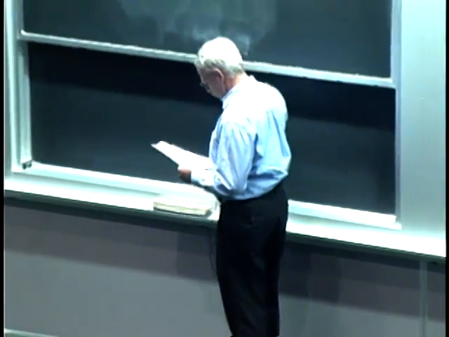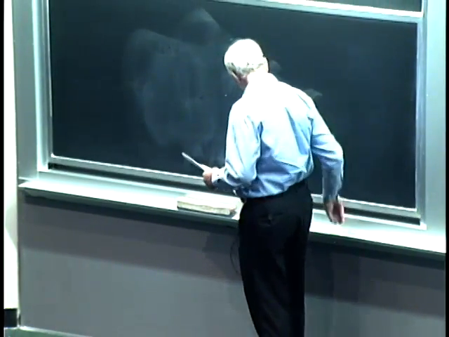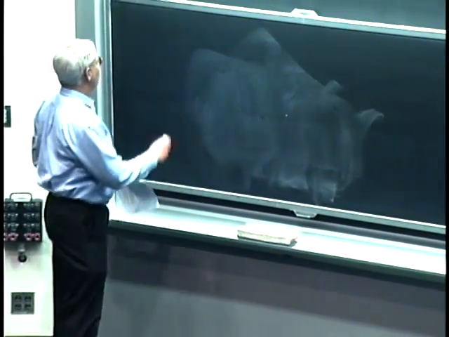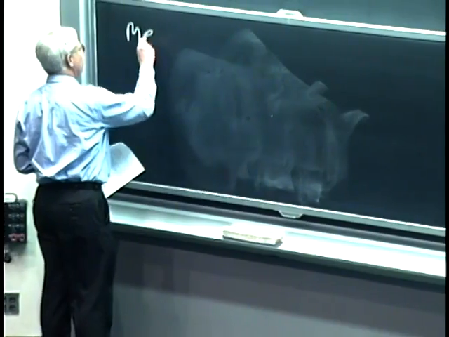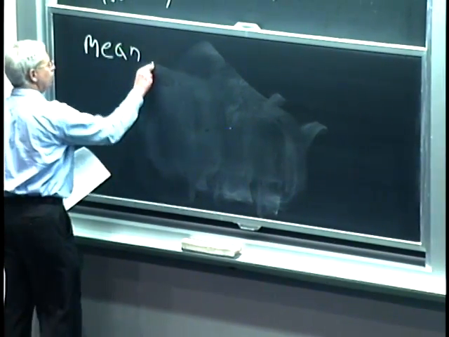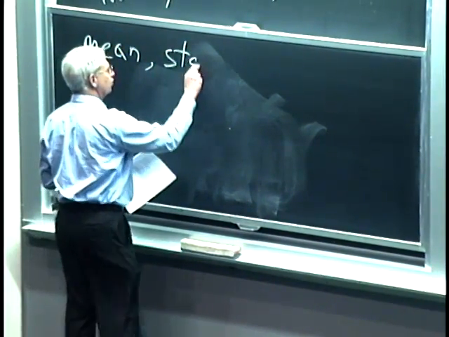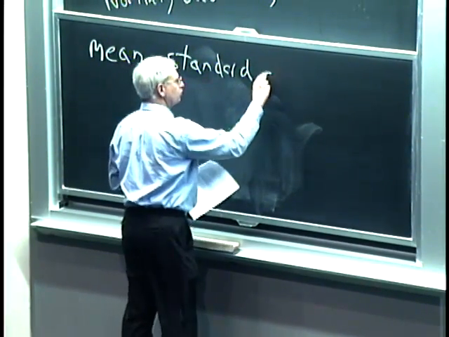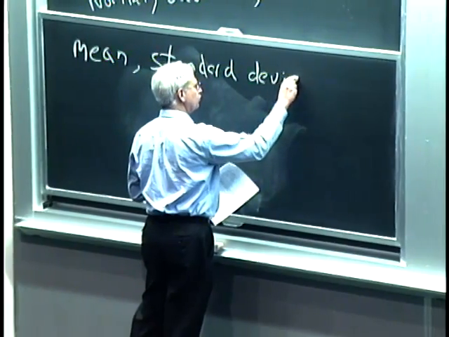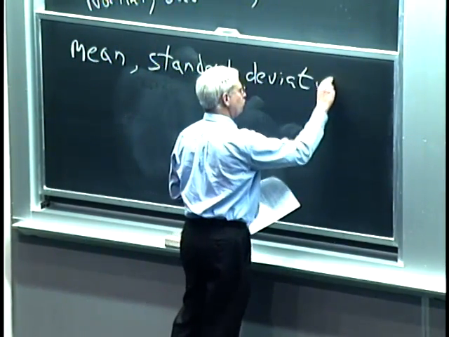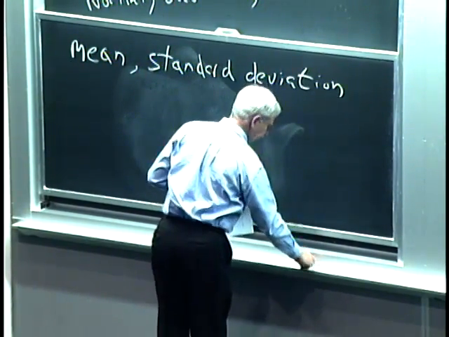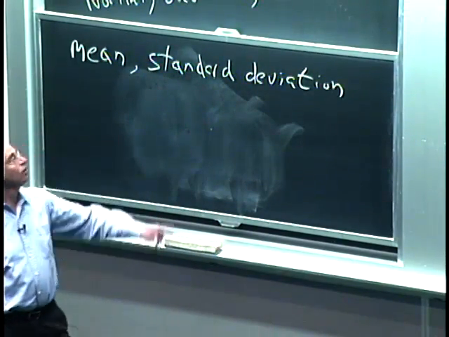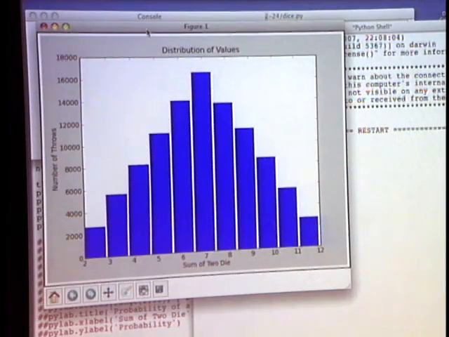The normal distribution can be described, interestingly enough, with just 2 numbers, the mean and the standard deviation. So if I give you those 2 numbers, you can draw that curve.